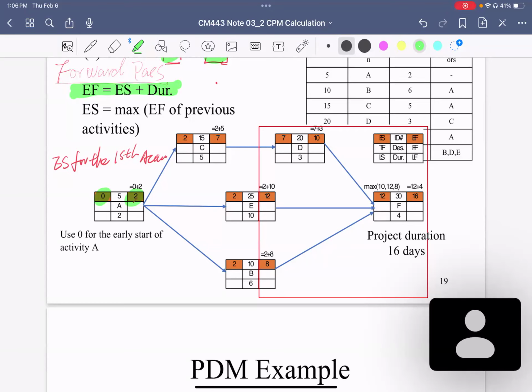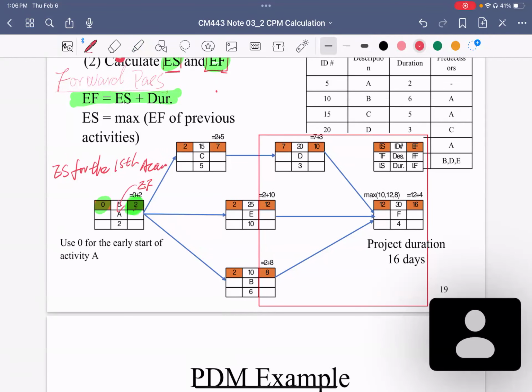Once we determined the 0 and this 2 here, which is the early finish time for activity A, we use this number to determine the early start time for activities C, E, and B, because when A finishes, C starts. The relation between A and C is finish to start.